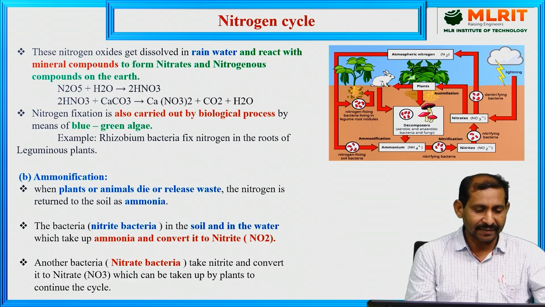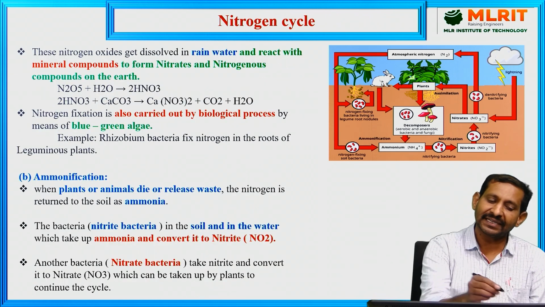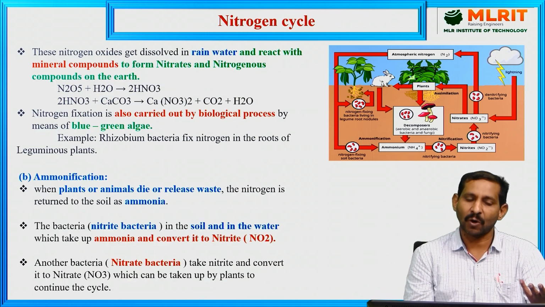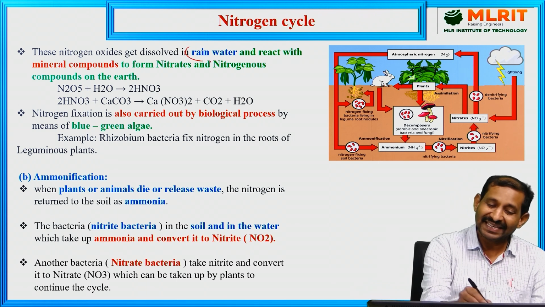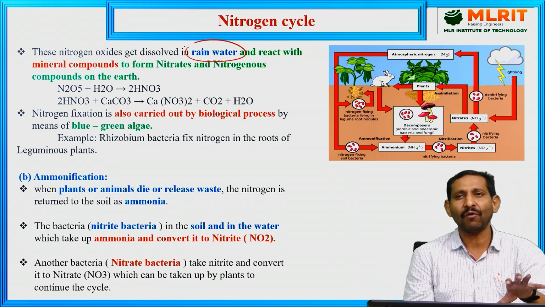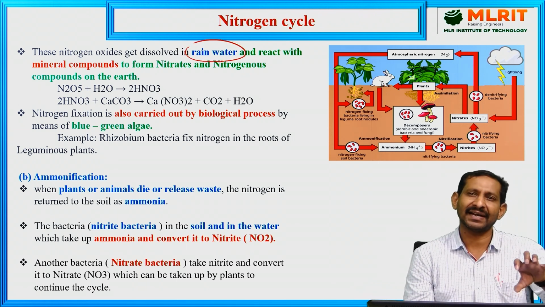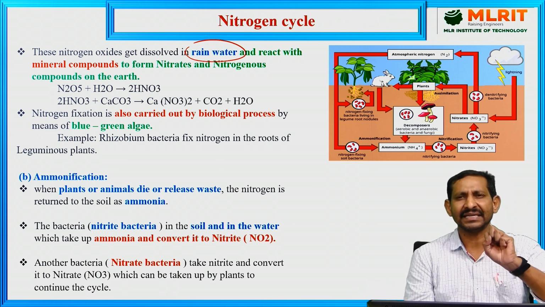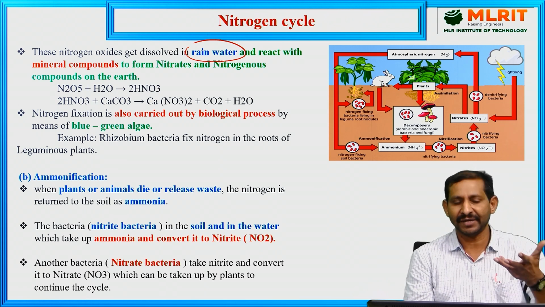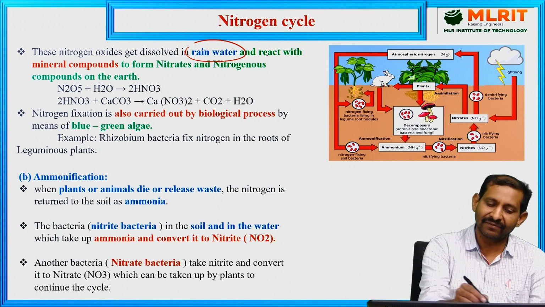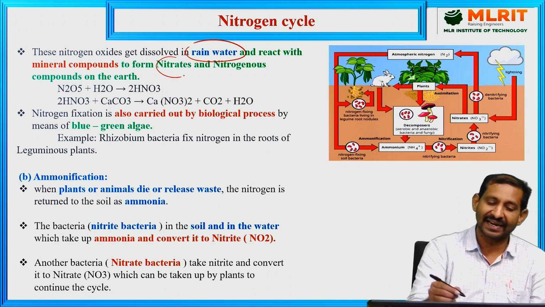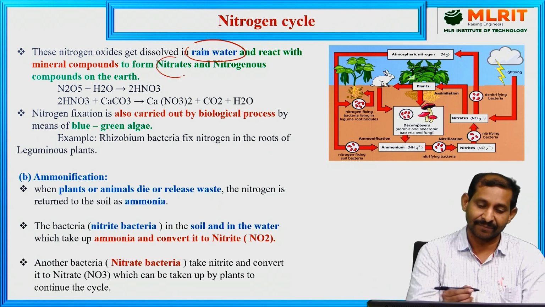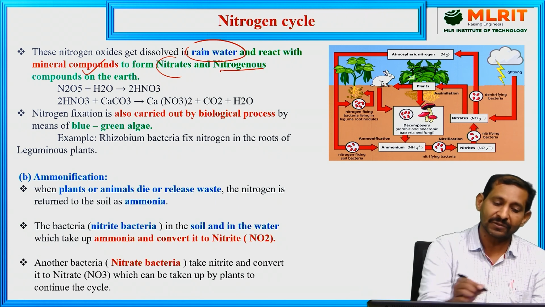The second process is that the nitrogen oxides are easily soluble in rainwater or moisture-containing humidity. Immediately they are converted into different nitrates, acids, and nitrogenous compounds on the earth.